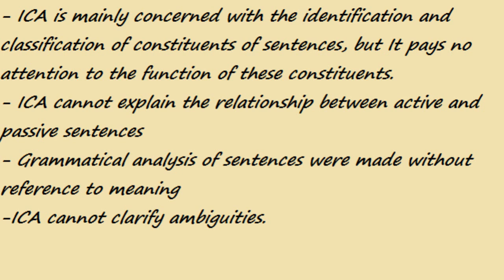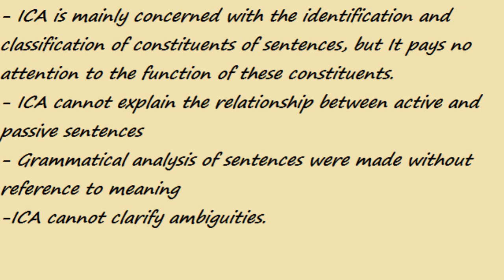We do not know whether it's a verb or a noun, so it is not labeled. It doesn't have noun, verb, adjective, or something like that. This is the second problem. The third one to mention is that ICA cannot explain the relationship between active and passive sentences. ICA is going to divide a sentence in the same way whether it is active or passive.